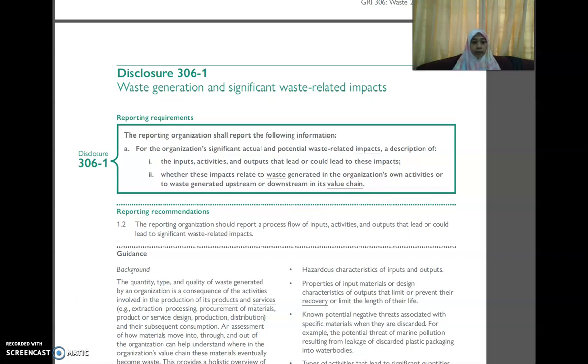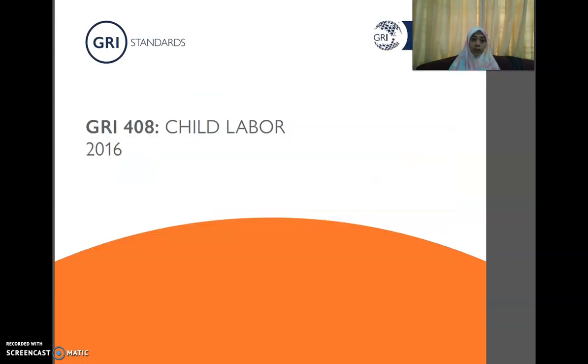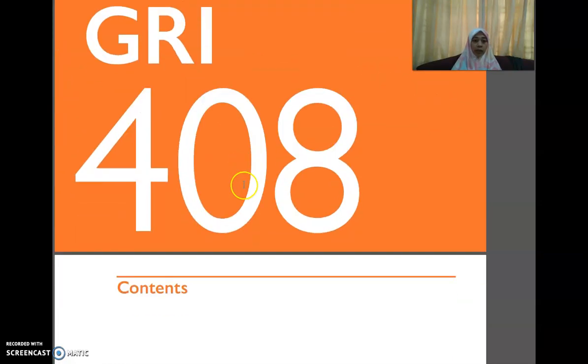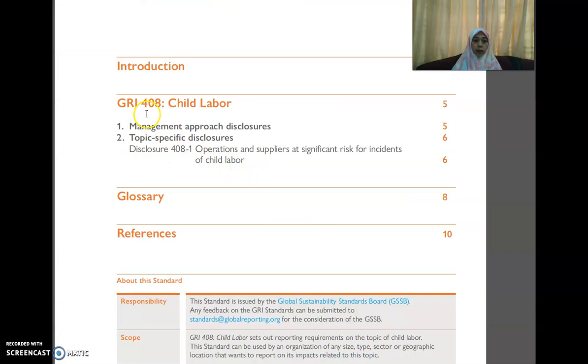Okay. Now let's look at the 400 series. The 400 series is about the disclosure on social activities. Based on the GRI standard, I'm just taking for example 408, that is about child labor. So with regard to child labor, you have the disclosure 408-1, that is operations and suppliers at significant risk for incidents of child labor.